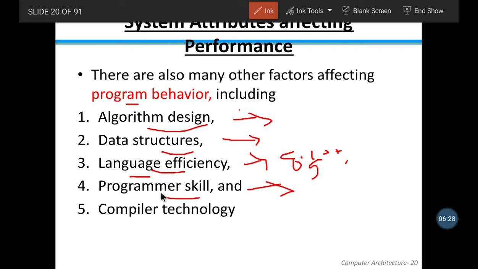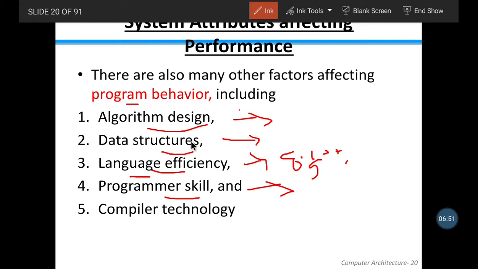Because again, when you write a program, these factors, algorithm design and data structures, are independent of the language. If you use any language, C++, Java, .NET, Python, anywhere, you have to use algorithms and data structures. You should have very good knowledge about algorithms and data structures.